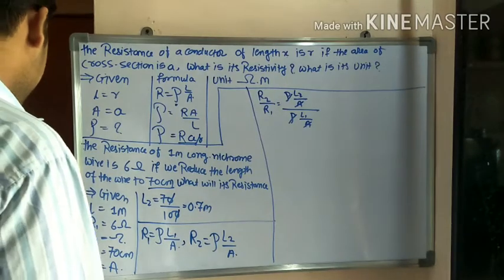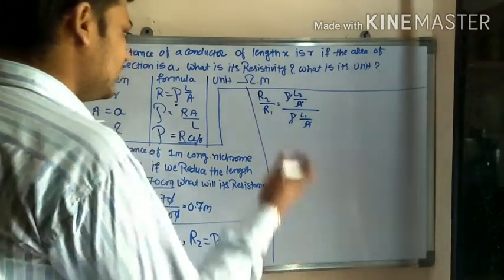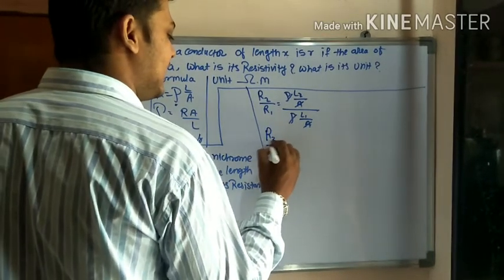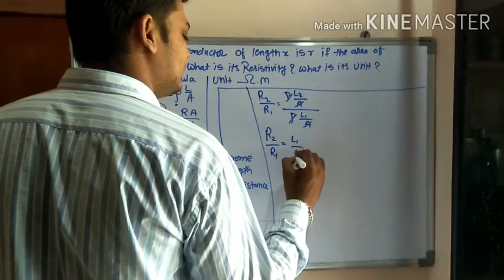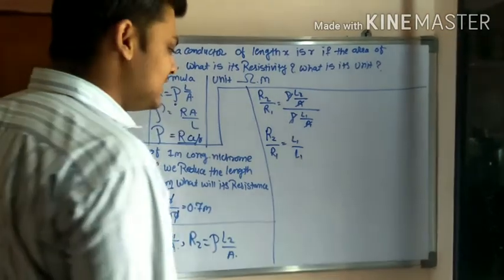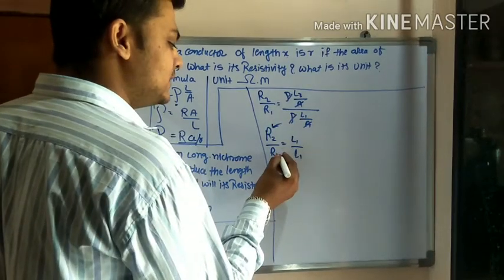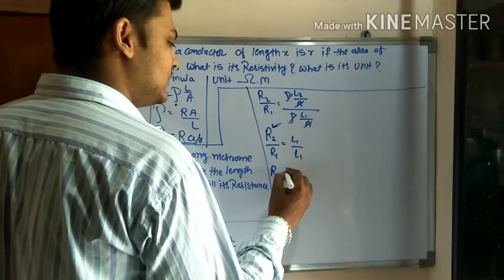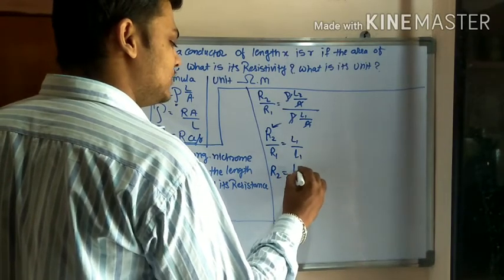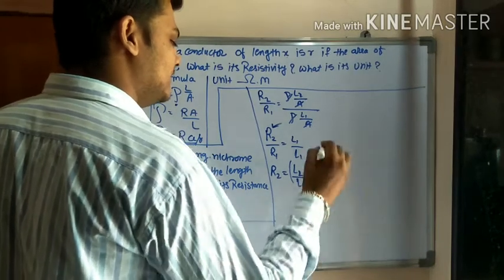So we get the equation R2 divided by R1 is equal to L2 divided by L1. We have to find R2, so putting R1 on the other side, we get R2 is equal to L2 divided by L1 into R1.